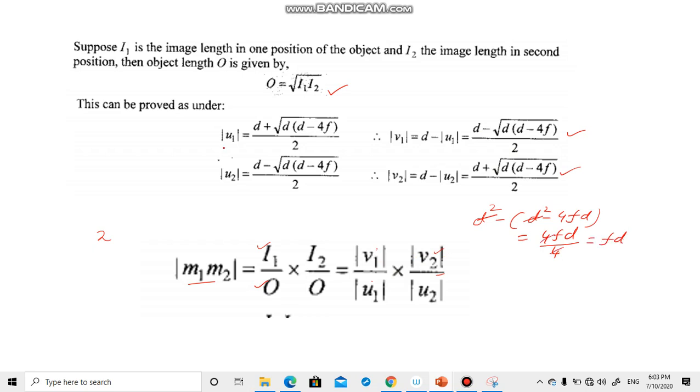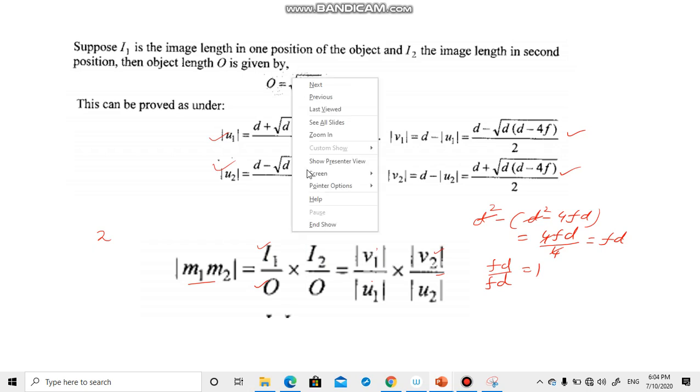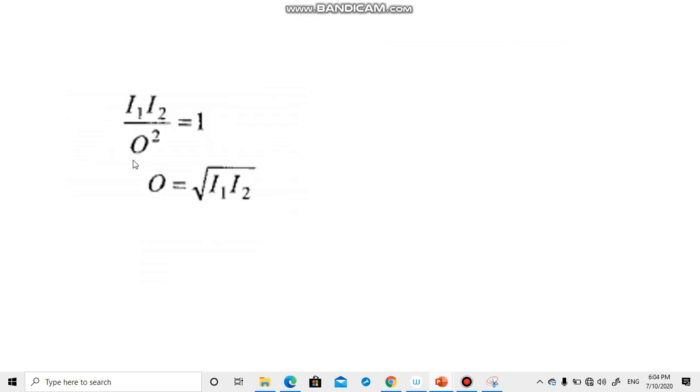Similarly, when you multiply U1 and U2, you also get FD. So FD by FD becomes 1. The meaning of this is I1 into I2 by O square is equal to 1. So O is equal to root over I1 into I2.